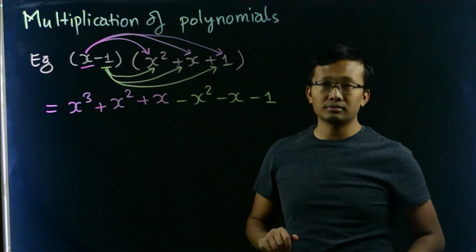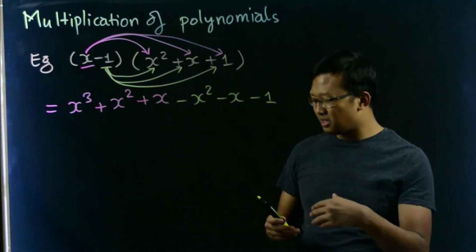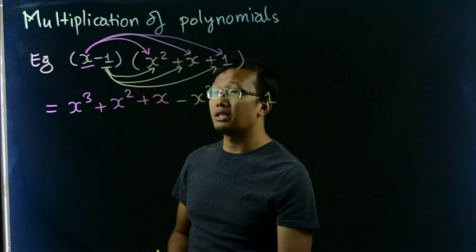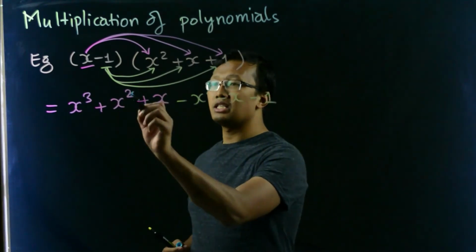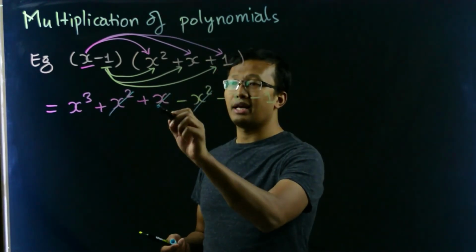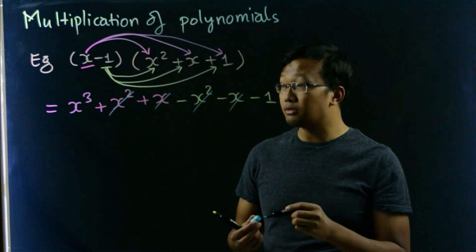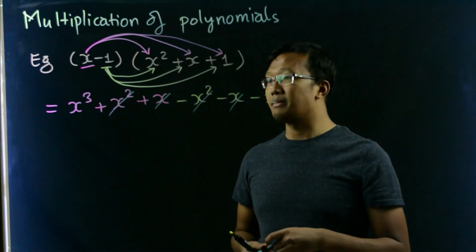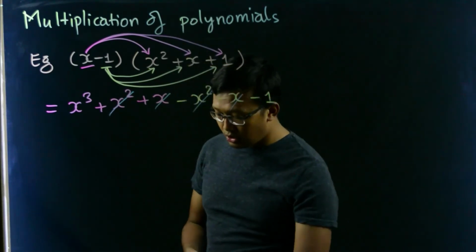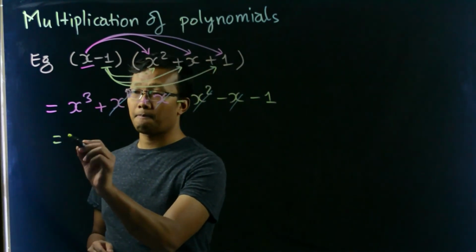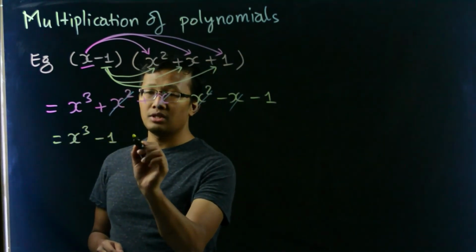Now let's simplify all the things. Then we can simply see that this x squared and negative x squared cancel out, x and negative x are also cancelled out. So that will be x cubed minus 1. So this is our answer.